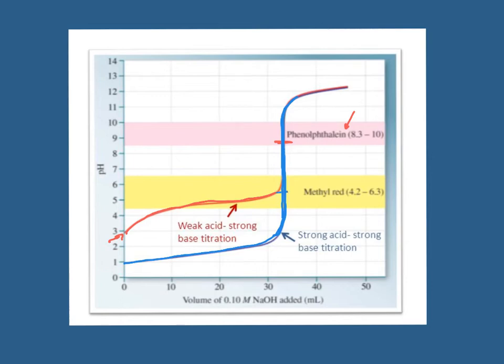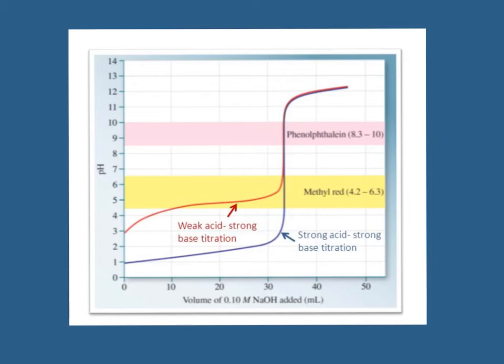Methyl red falls right in here, no problem. Phenolphthalein, right, the pH, it's going to be right there. But anything that falls along this line is going to work. So phenolphthalein works, methyl red works, almost any indicator works for a strong acid, strong base titration. This big jump here occurs in one drop, so it doesn't matter what your indicator is.